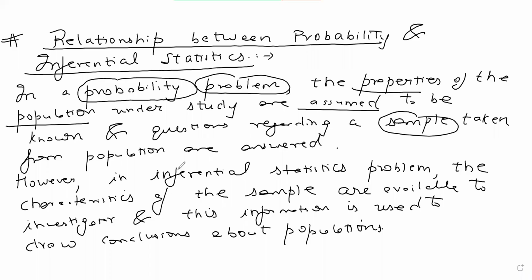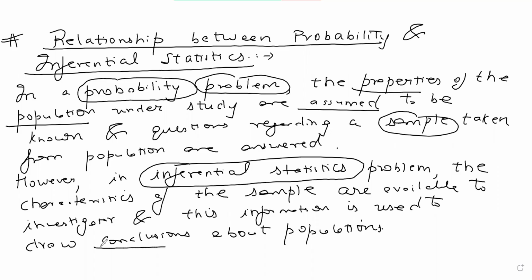However, in inferential statistics, we know the sample and we are using that sample to form conclusions about the population. So it's vice versa. In probability, I assume that I know the population, and then I work on finding answers for the sample. In inferential statistics, I assume that I know the sample and I use that to find conclusions about the population.